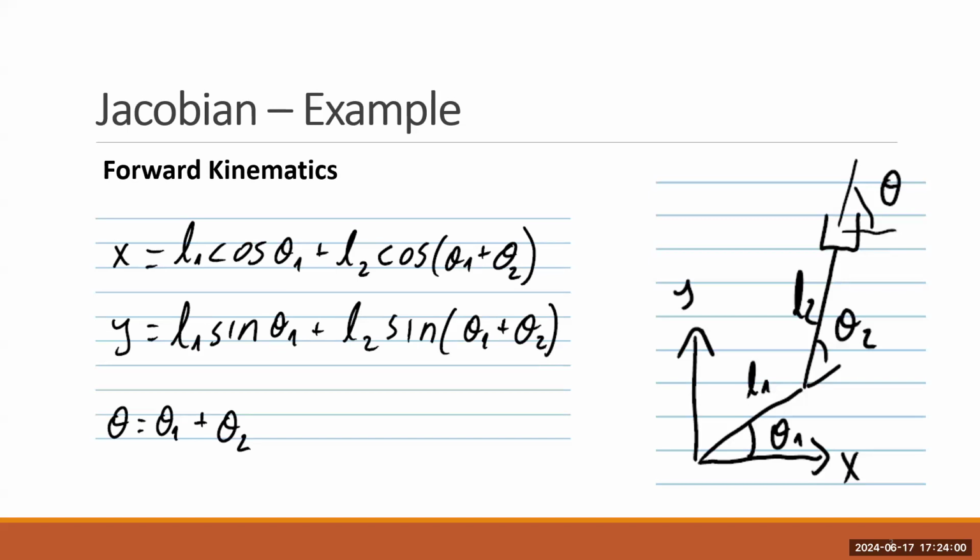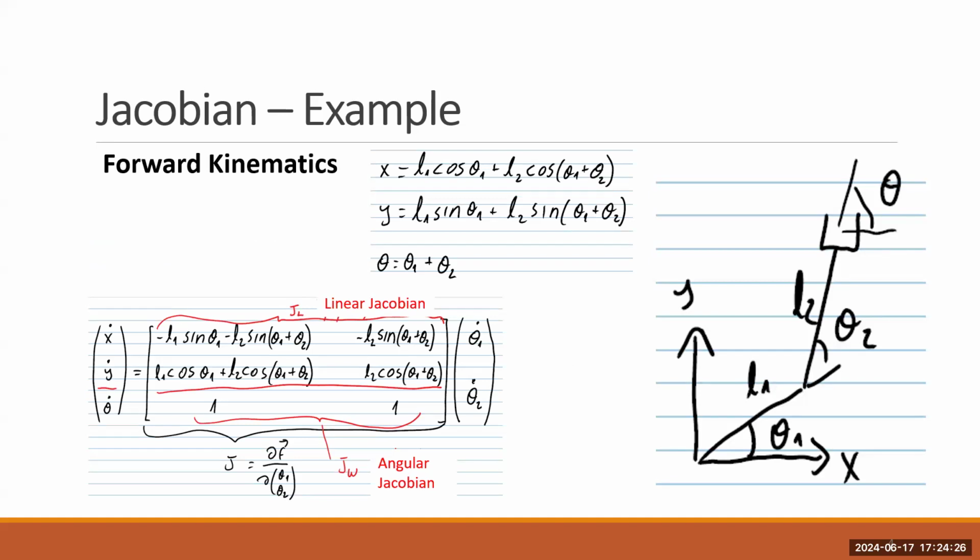And the orientation of the end effector is simply theta, which is theta 1 plus theta 2. This is the forward kinematics we saw last time, and how we can compute this using the homogeneous transformation matrix.